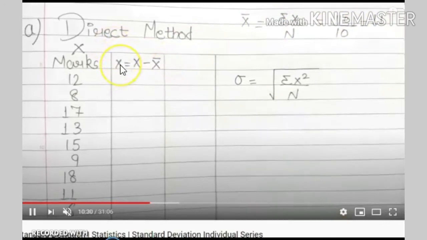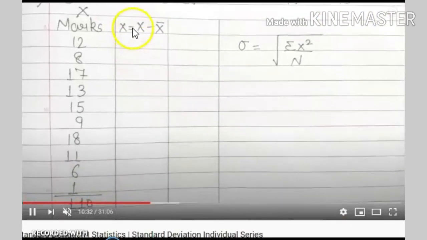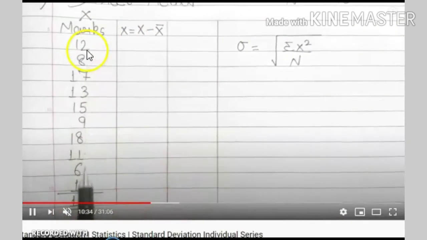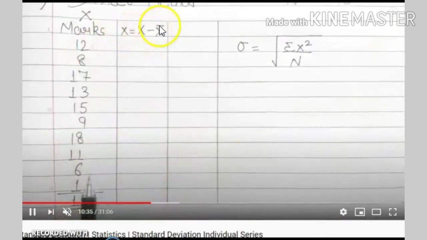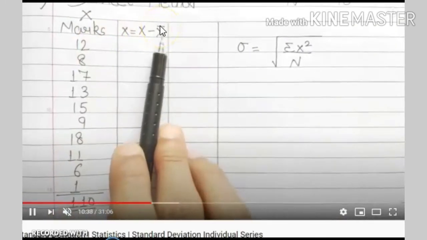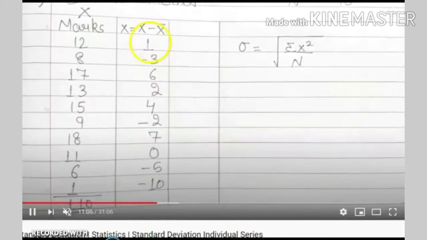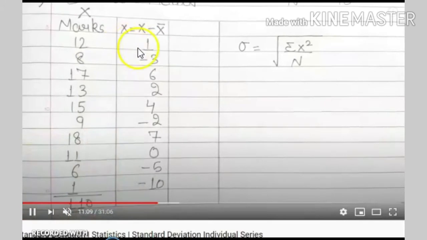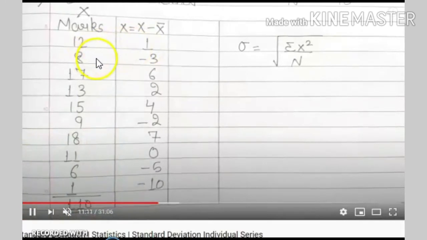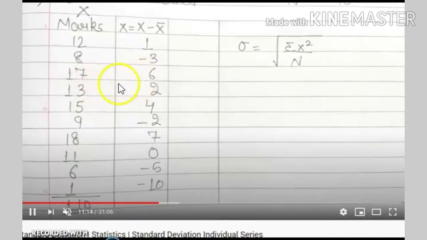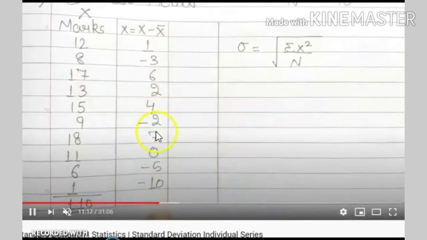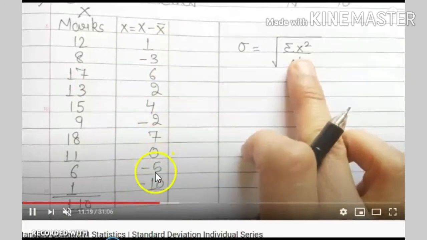Then you have to subtract it from each value to find x. So x minus x bar, x bar you had found as 11. You can subtract each value: 12 minus 11 is 1, 8 minus 11 is minus 3, 17 minus 11 is 6, then 2, 4, minus 2, 7, 0, 5, 10.